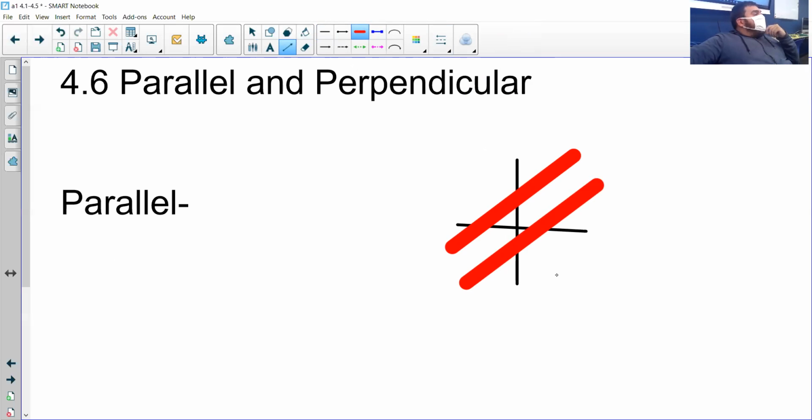What do you think we could tell about the slope here? It's not zero. It's also not undefined. Look at the two red lines. Somebody else raise their hand. Good. The two slopes are going to be the same. So here, what do you want to write down for parallel?